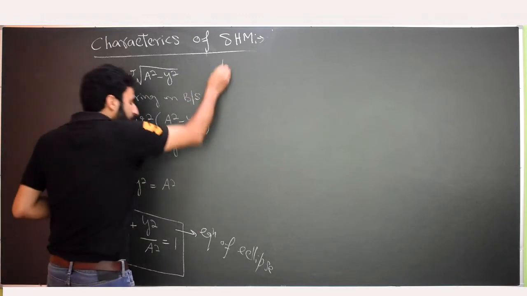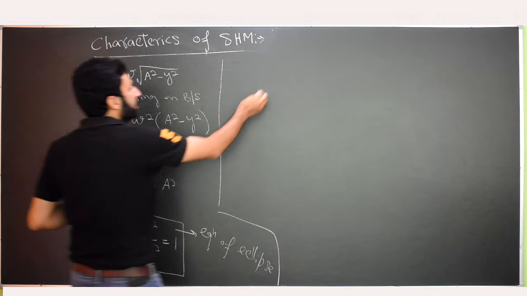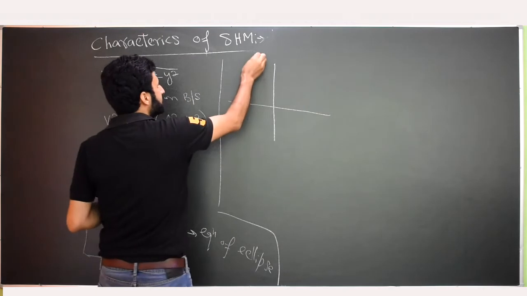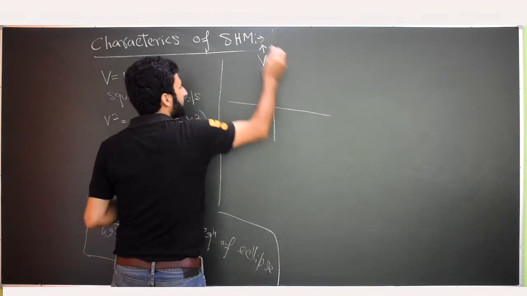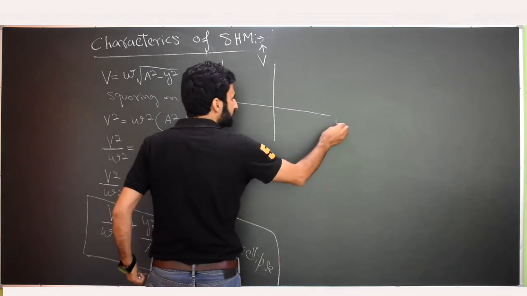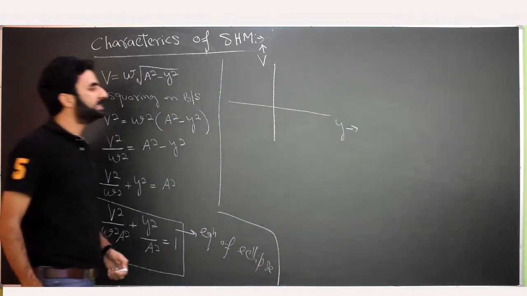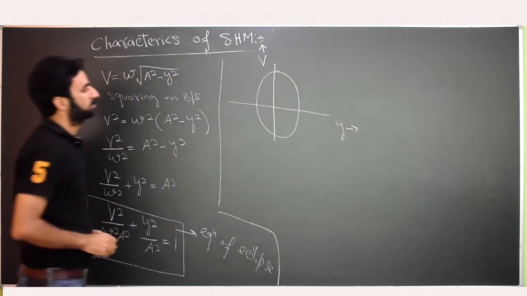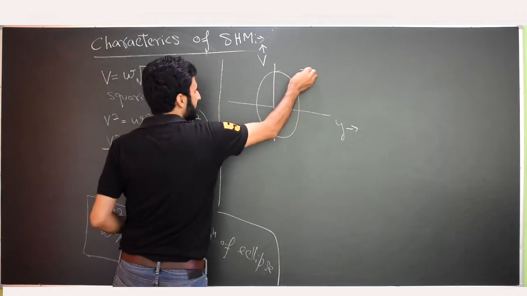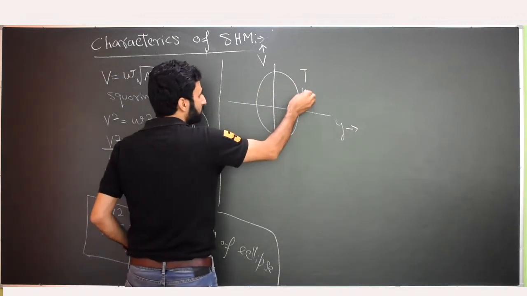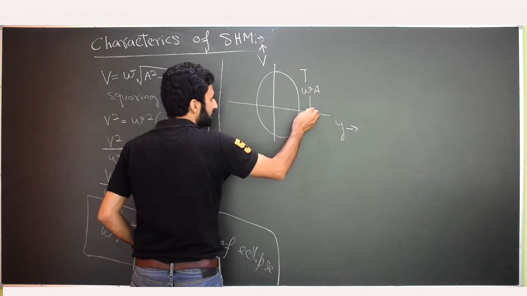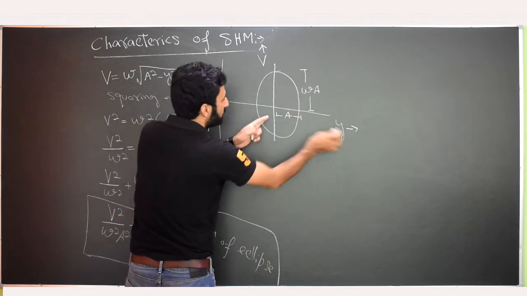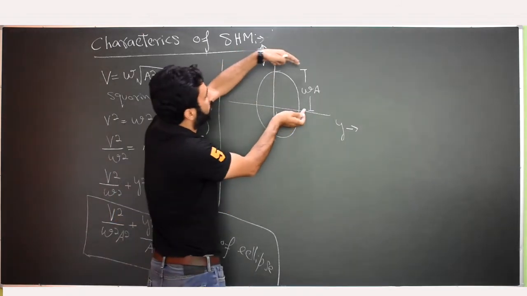So it means the velocity of a particle executing simple harmonic motion gives us the equation of an ellipse. And if we try to graphically show this equation, if this axis is the velocity and this axis is the displacement, the graph between velocity and displacement will be an ellipse, somewhat like this. This side will be equal to omega a, the maximum value of velocity, and this will be equal to a, because the maximum value of displacement is the amplitude.